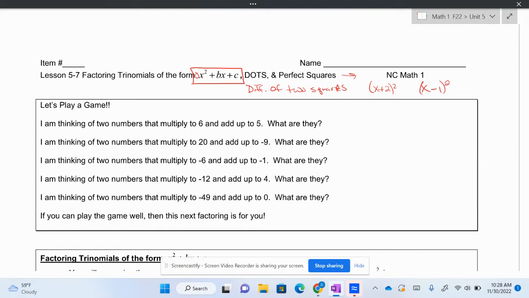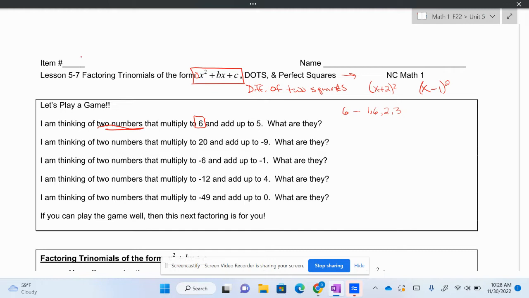Or this, okay? So before we get into that, I just want you to think about what you know about factors and multiplying. So I'm thinking of two numbers that I can multiply together to equal 6 that add up to 5. Well, let's just list all the factors of 6 really fast. Let's see, 6 is the same thing as 1 times 6, 2 times 3.